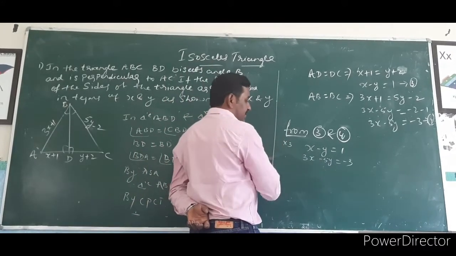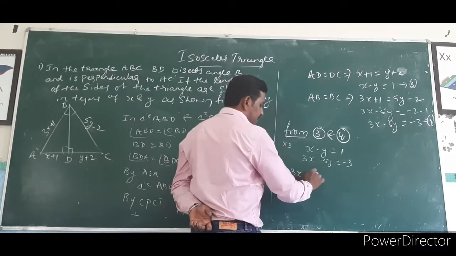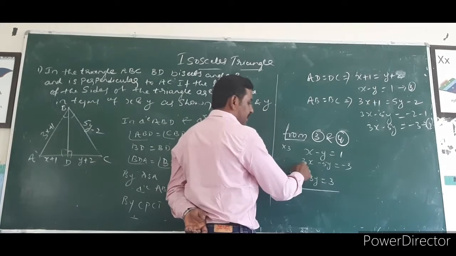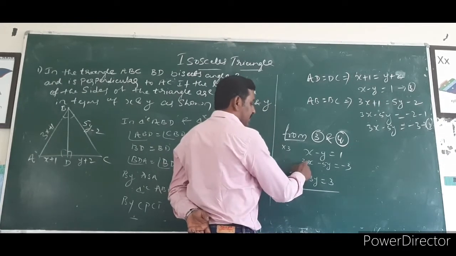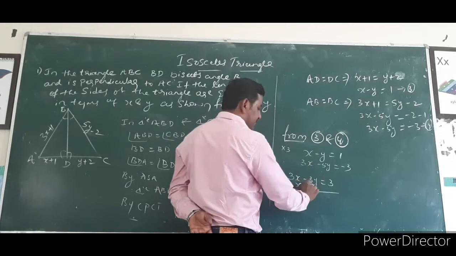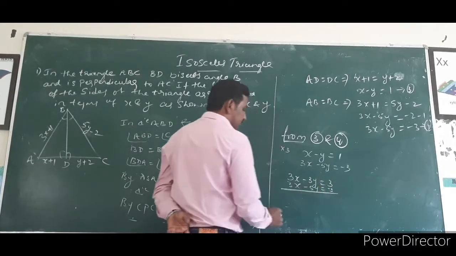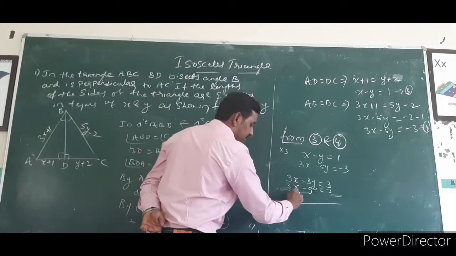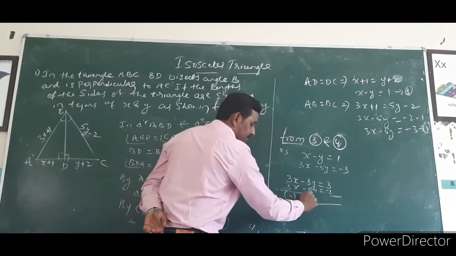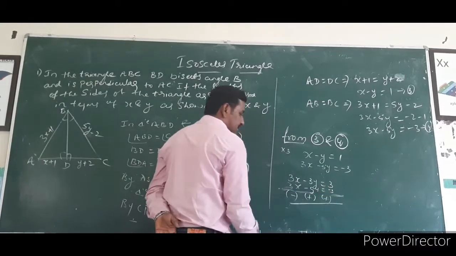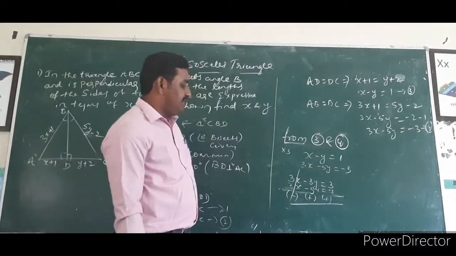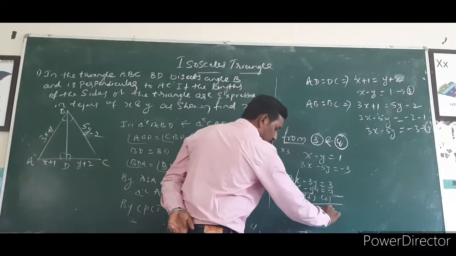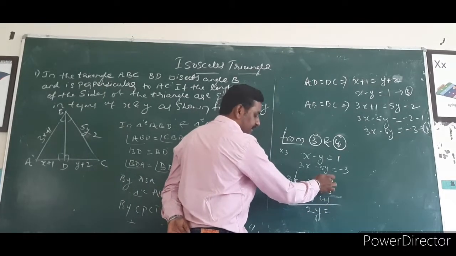If I multiply the first by 3, we get 3x minus 3y is equal to 3. Keep the second equation as it is. Now if I subtract, the signs change, and 3x minus 3x easily gets cancelled. Minus 3y plus 5y gives 2y, and 3 plus 3 is 6.